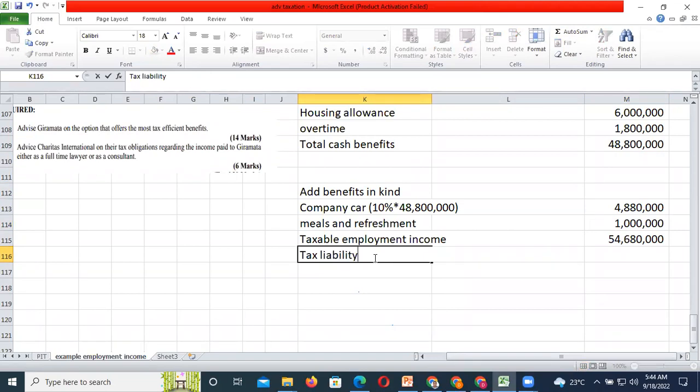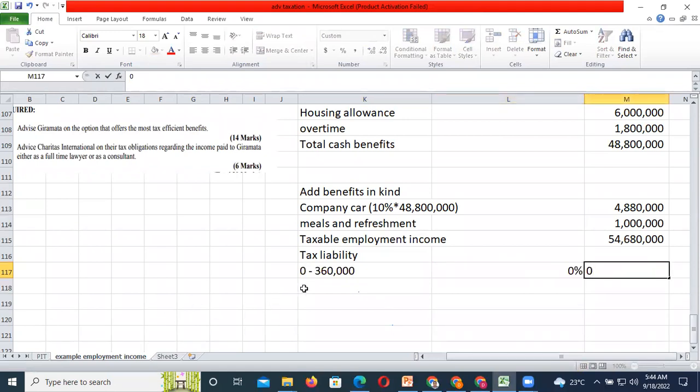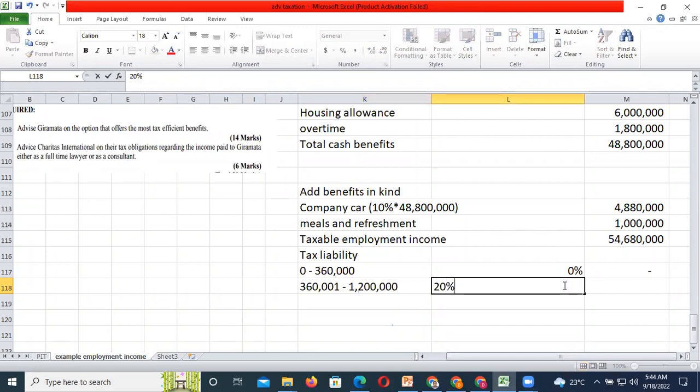Our tax liability from 0 to 360, because it is annual, always look at that, this is 0. From 360 to 1.2 million, that is 20%. Even if I say 168, because I've been calculating this one.